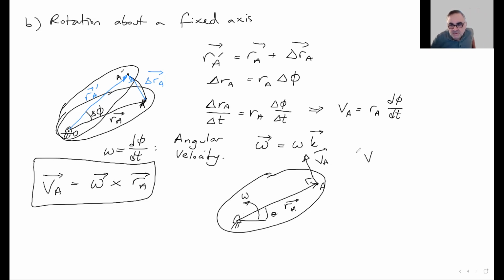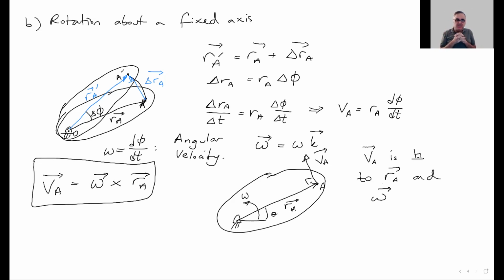VA is perpendicular to RA and omega. Omega is a vector that comes out of this board, as we see. VA is in the plane. So this point A is going to trace a circle here. This is, I think, just a reminder from dynamics.